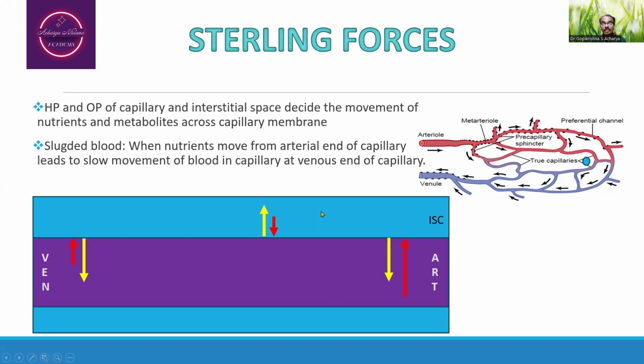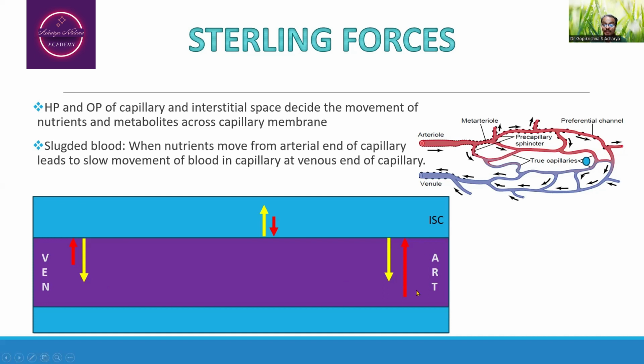Similarly, hydrostatic pressure and oncotic pressure are also present in the interstitial space, wherein hydrostatic pressure is comparatively lesser than the oncotic pressure. In the capillaries, hydrostatic pressure is much more at the arterial end, whereas it is very much lesser than oncotic pressure at the venous end of the capillary.